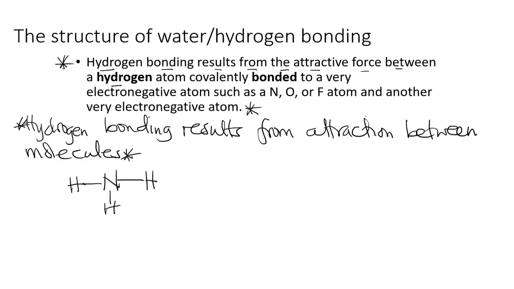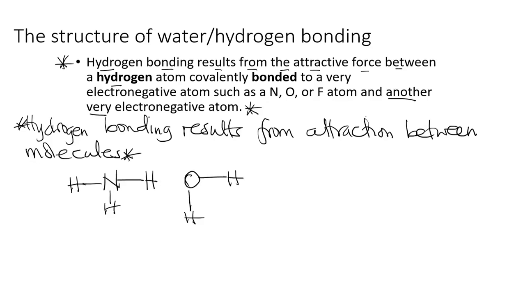So nitrogen is one of the electronegative atoms. And here we say, and another very electronegative atom. So I'll put another electronegative atom here, like oxygen in water.